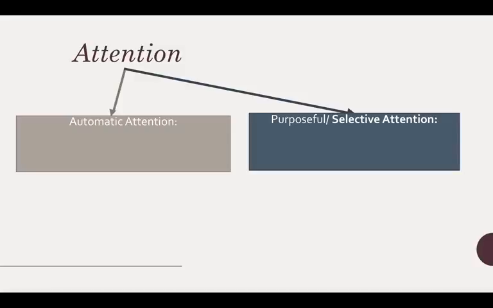But it's also externally triggered, so you didn't do anything. It automatically happened. The minute I clap, you guys look up here. But sometimes you can choose to pay attention to something, and that's called purposeful or selective attention.